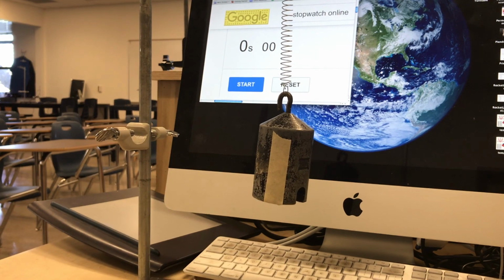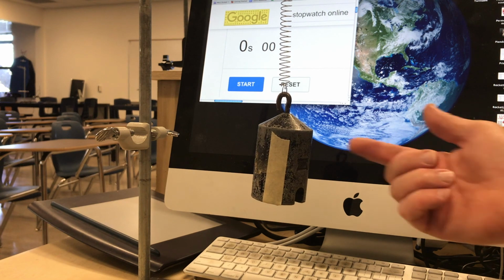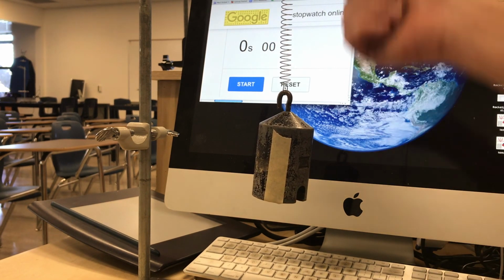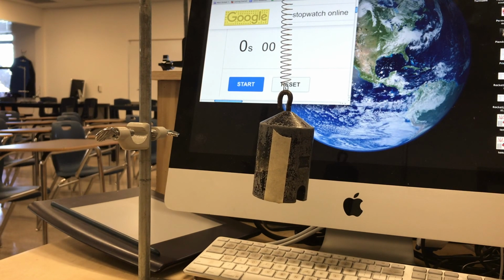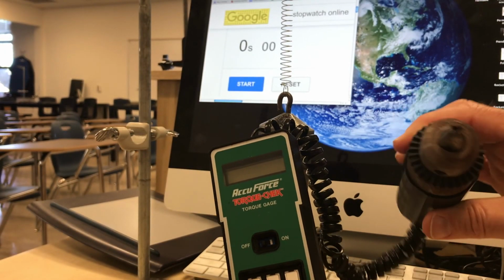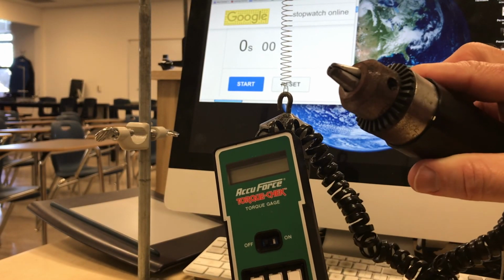Okay, let's check out our prediction for the period of a torsion pendulum. So this is the 1 kilogram solid cylinder that we just used in our calculation, and this is the spring that we have the torsion constant for, and I obtained that by using this device called a torque check. And so this looks like a little drill bit end, the end of a drill.